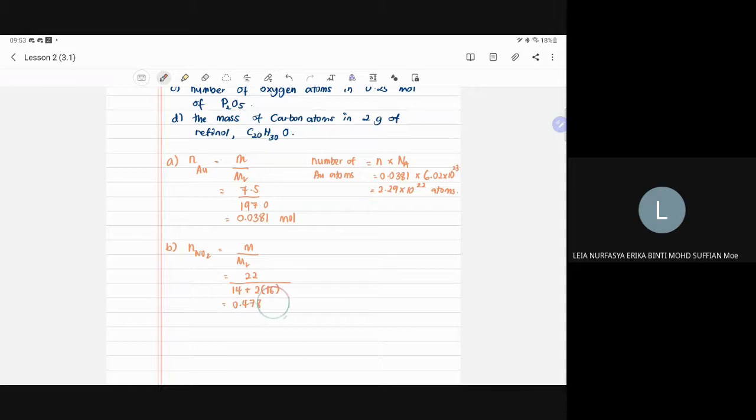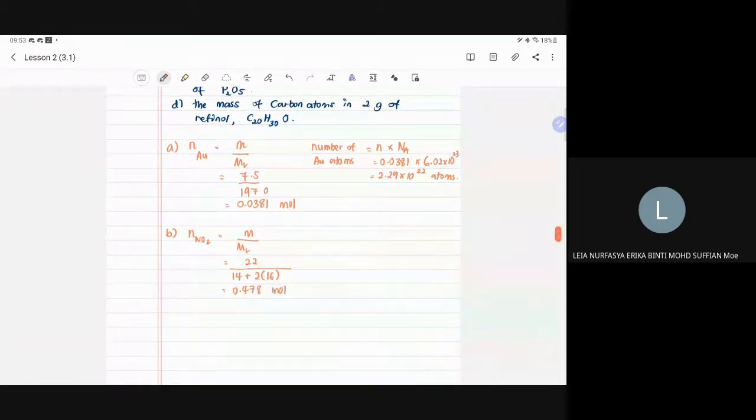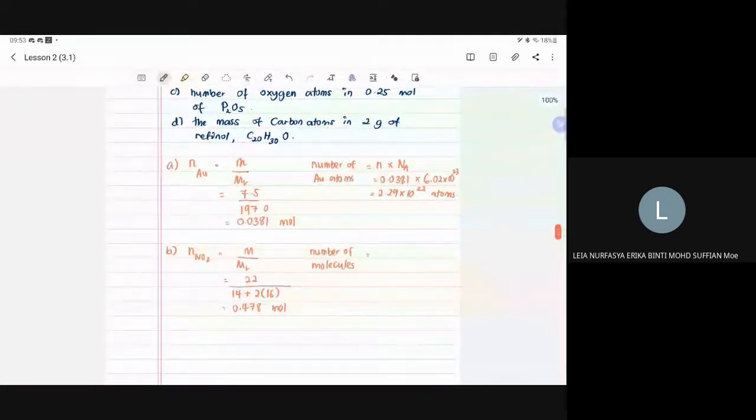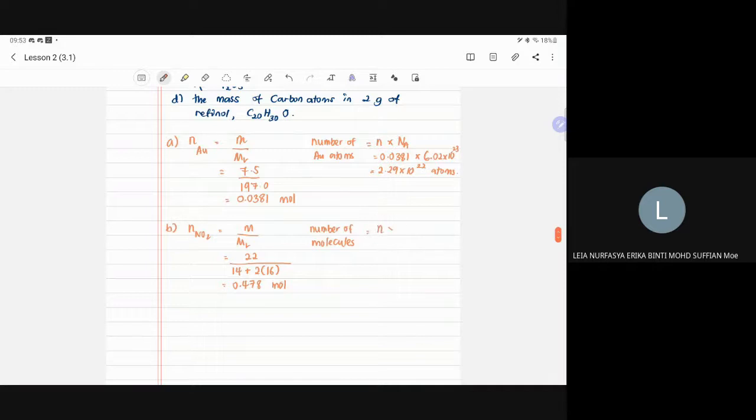You should get 0.478 mole. Okay, and then number of molecules equals to N multiplied by Na, and you should get 0.478 multiplied by 6.02 times 10 to the power of 23.